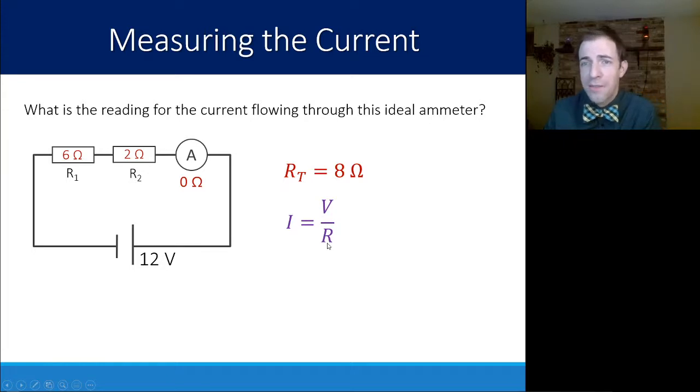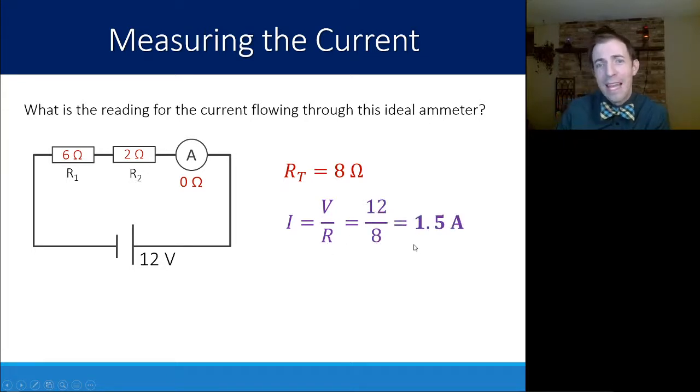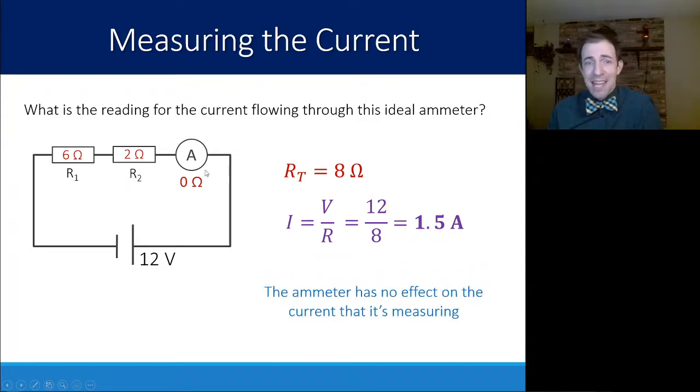It's just voltage divided by resistance. 12 divided by 8 is 1.5 amps. In this case, having that ammeter there didn't affect the circuit's current at all, because that 0 ohms didn't affect the resistance, which then didn't affect the current, 1.5 amps. So what it measured is as if it wasn't there.